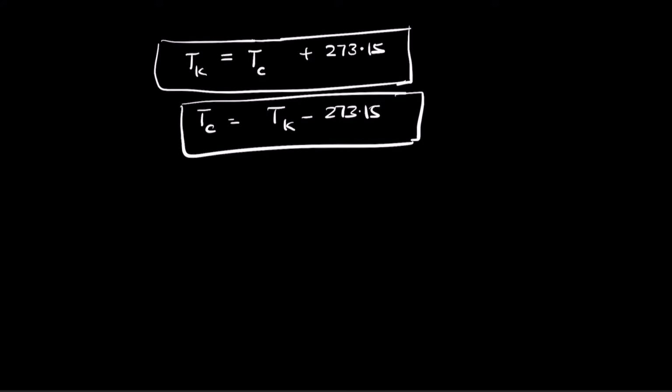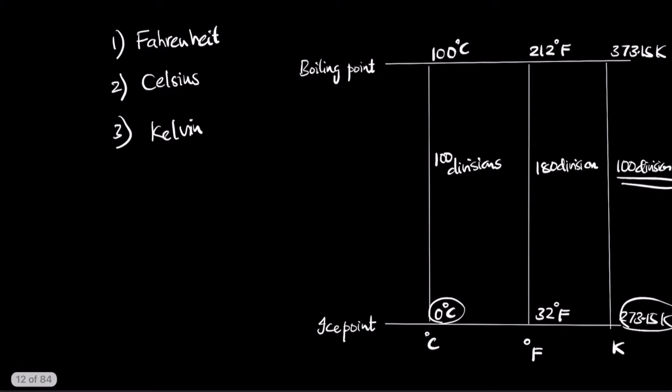Now, what is the relationship between temperature in Celsius and temperature in Fahrenheit? We know that these are equal divisions. Let's consider a certain point where this is temperature Tc in Celsius. That same point on the Fahrenheit scale, let's consider as Tf.